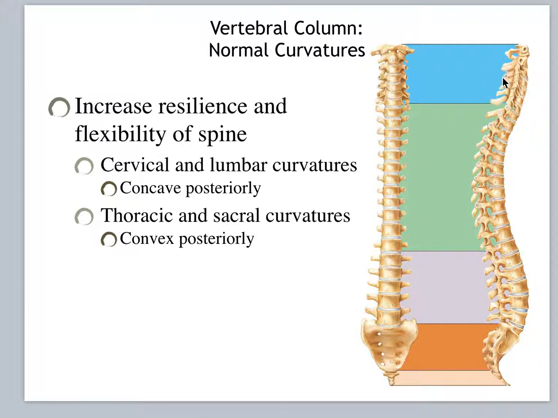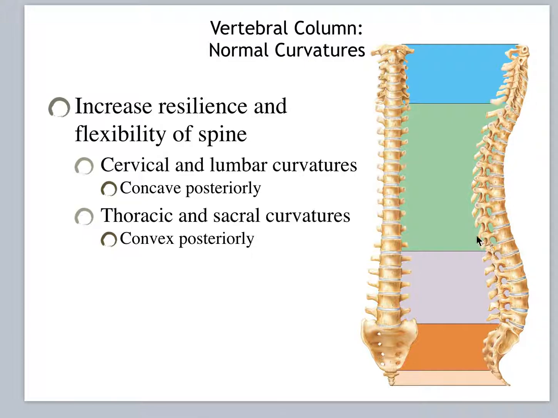So in other words, it's hollowed out. It's just concavity. The thoracic spine is convex. It means it's angled towards you. The lumbar spine is concave. It's angled away from you. Sacral spine is convex. So it kind of makes an S-shaped curve.